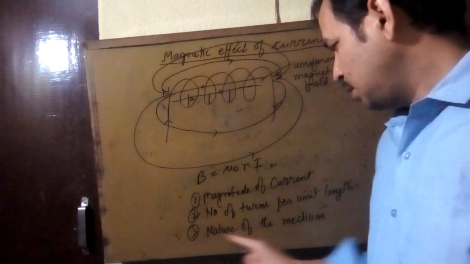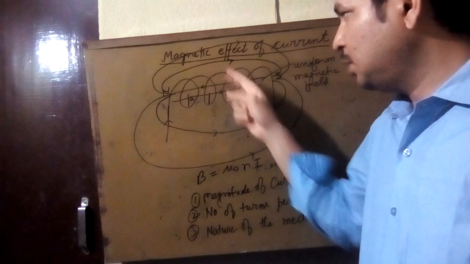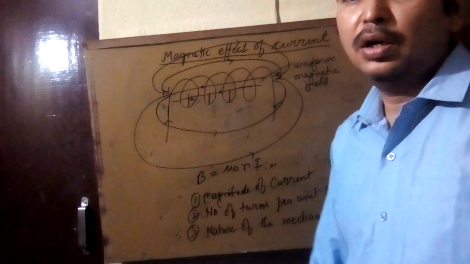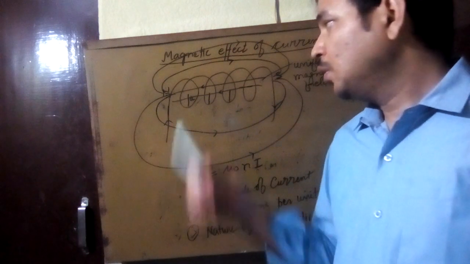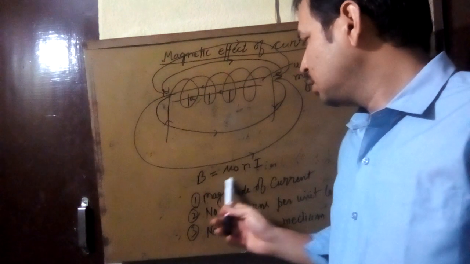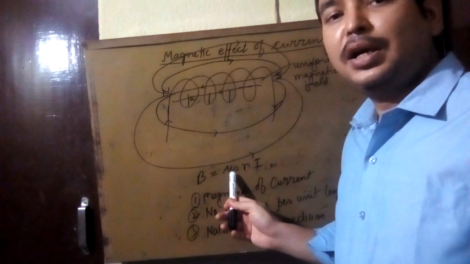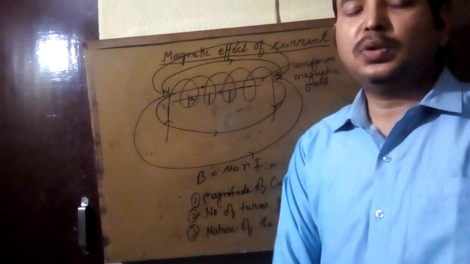And third, the nature of the medium. Generally air is inside the solenoid. If you take another medium, then the magnetic field also increases.